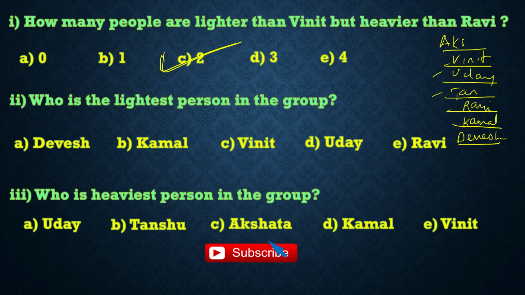Lightest person is Divesh. Option A is the correct one. Who is the heaviest person in the group? Heaviest person is Akshata. Option C is the correct answer. So this type of questions you can see in the difficult level type of questions of comparison. You can expect this type of questions.